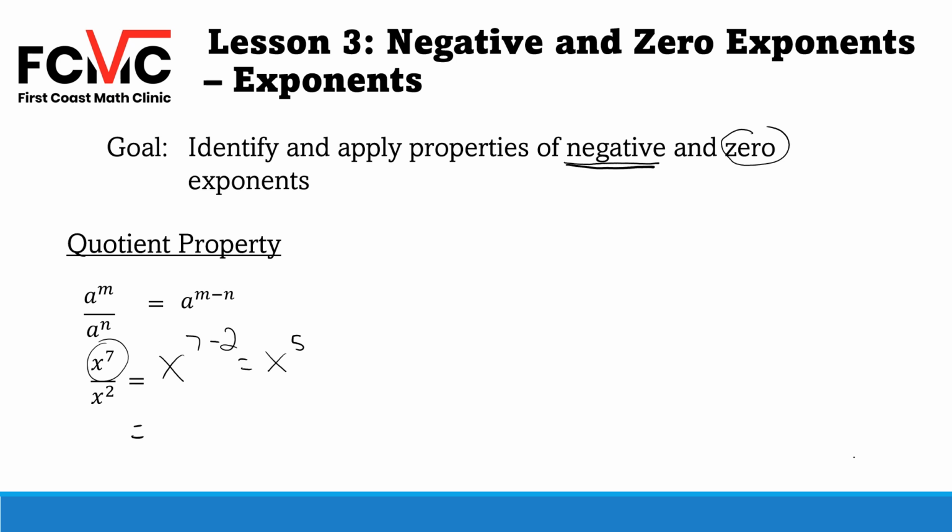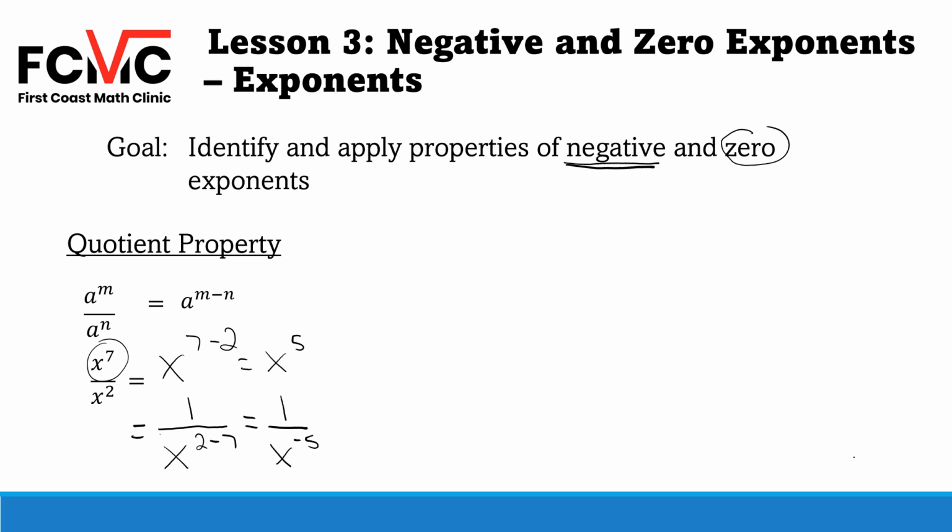We can get a negative exponent by subtracting 2 minus 7 instead of 7 minus 2. And if we do 2 minus 7, then our term winds up going in the denominator. We'll put 1 as a placeholder in the numerator, and this is 1 over x to the negative 5th power.